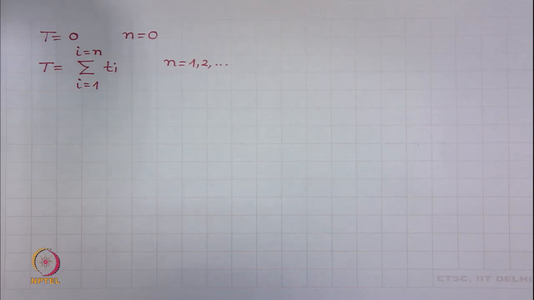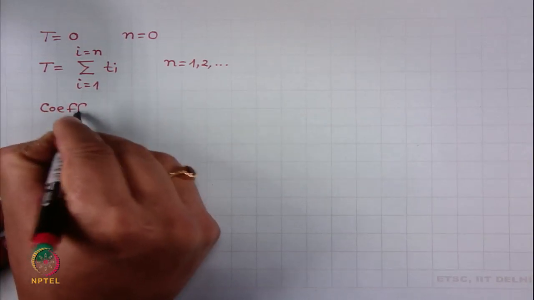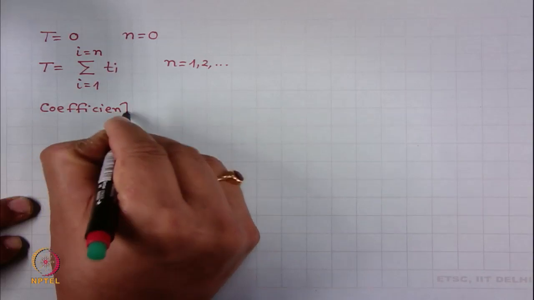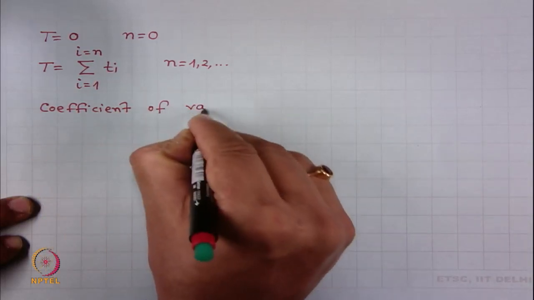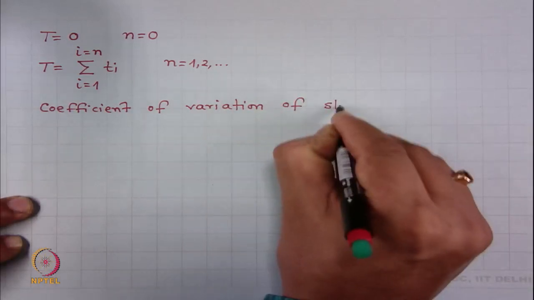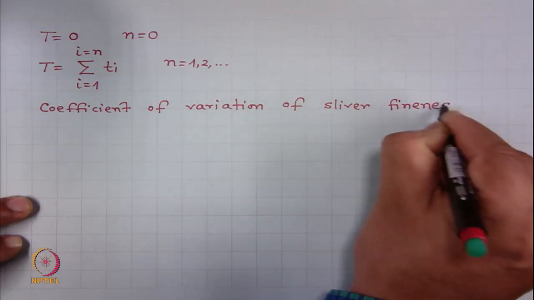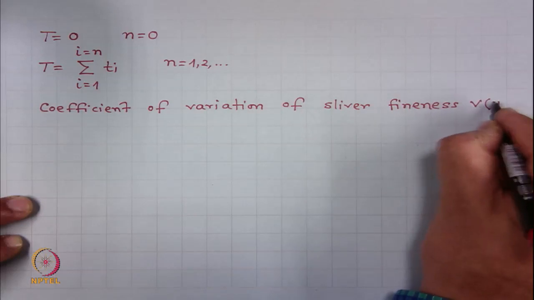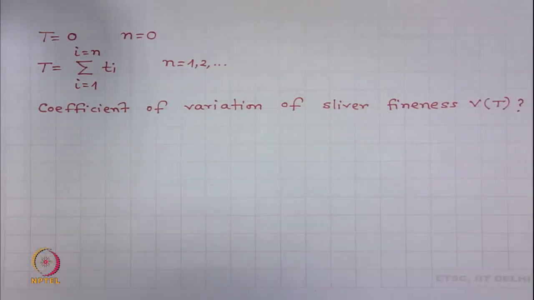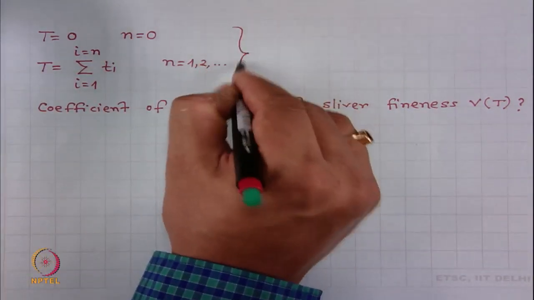Now, we have to find out the coefficient of variation of sliver fineness, that is V of capital T. What is the expression of coefficient of variation of sliver fineness when these two equations are valid?